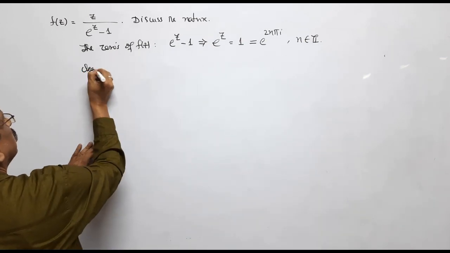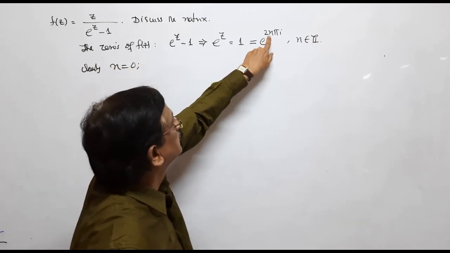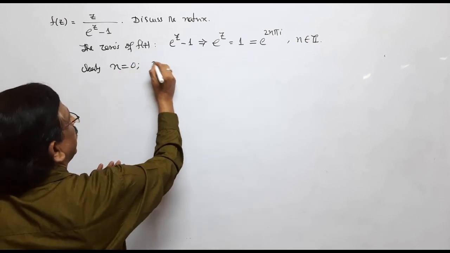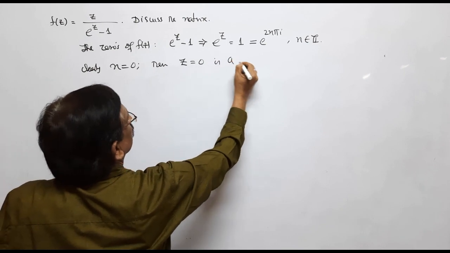Clearly, if I substitute n equal to 0, it is e power 0, which is 1. If n equal to 0, then z equal to 0 is a simple pole.